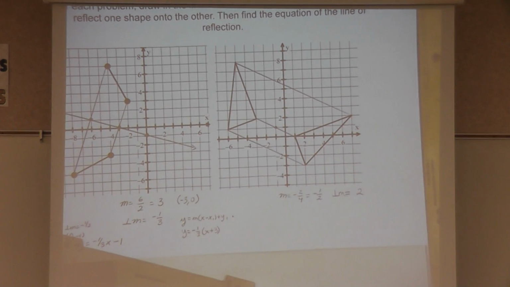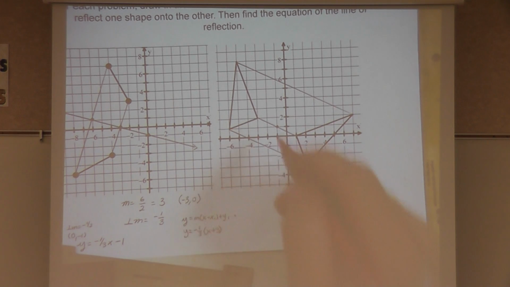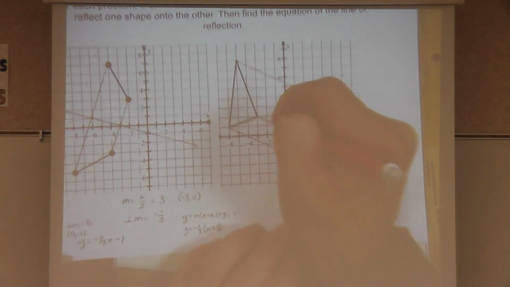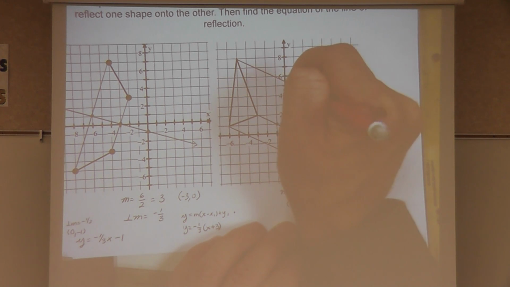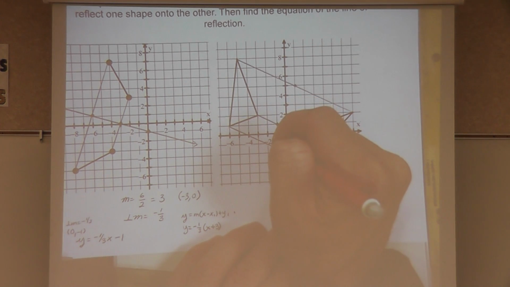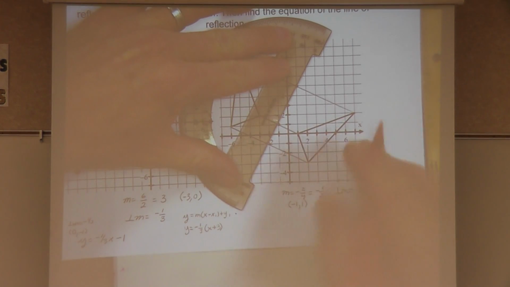So I could use this point right there as the known point. That point is negative 1, 1. From this point, I'm going to travel with a slope of 2, meaning I go up 2, 1 to the right, up 2, 1 to the right, or I can go down 2 and 1 to the left. This is going to be my line of symmetry.